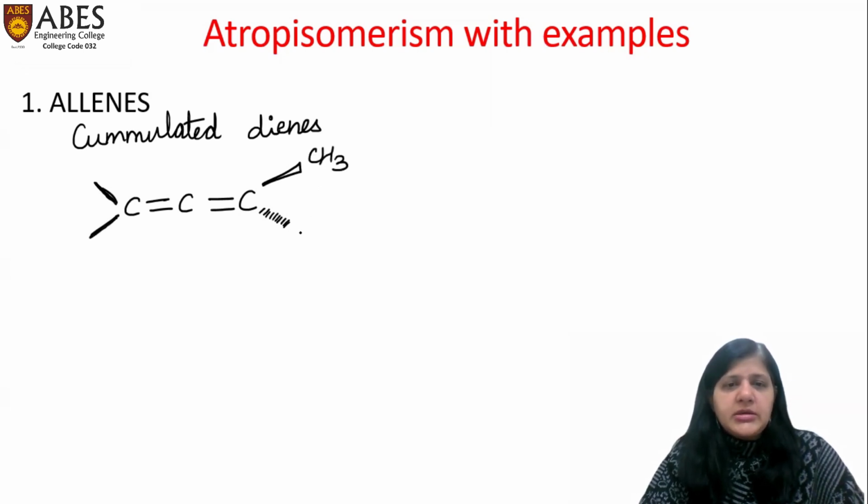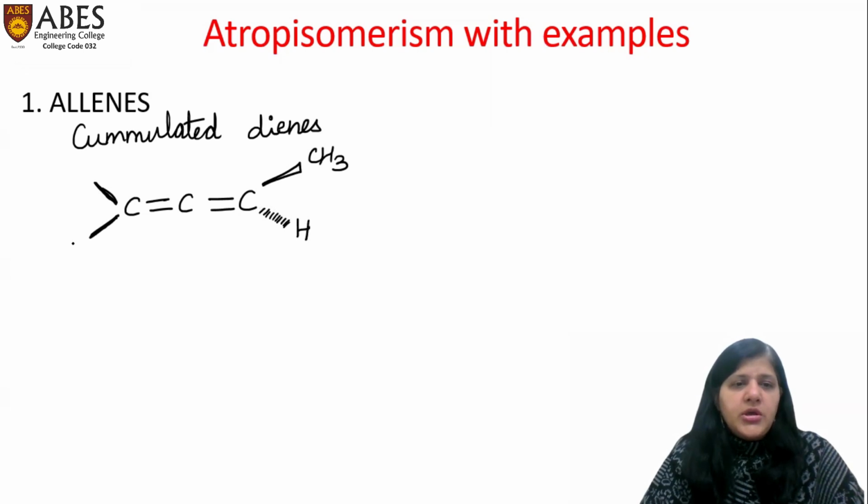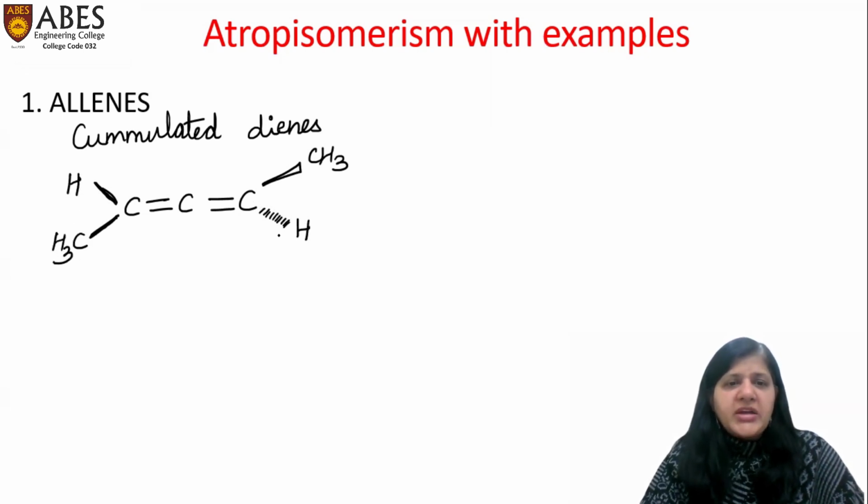This is the structure of the molecule which shows this atropisomerism phenomenon. The plane of this carbon double bond is perpendicular to the first double bond. Therefore, these two substituents, methyl and hydrogen, are shown above and below the plane, whereas the substituents on the first carbon atom are shown in the plane.